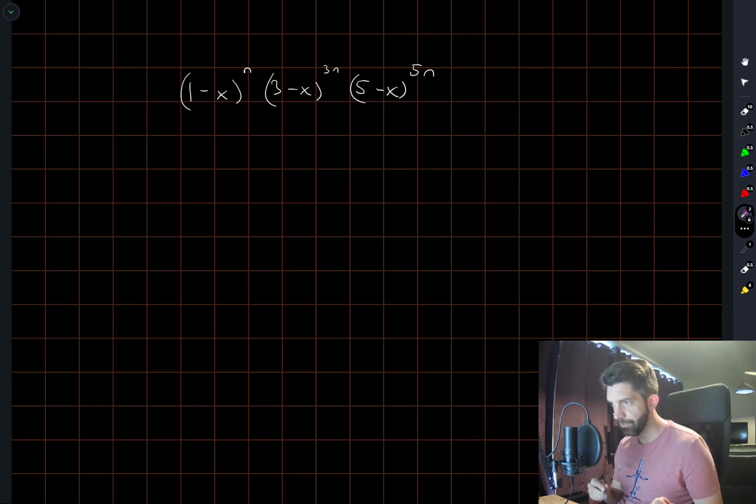So if n is even, this is never negative. So I can assume that n is odd. And then we just need to worry about the sign of these three things. The sign of this number is just going to be the sign of the product of these three numbers, okay?